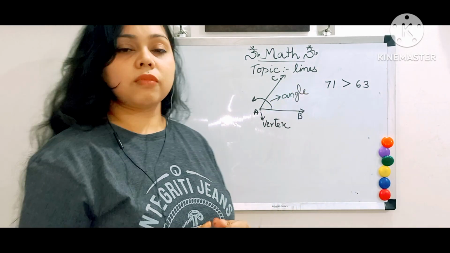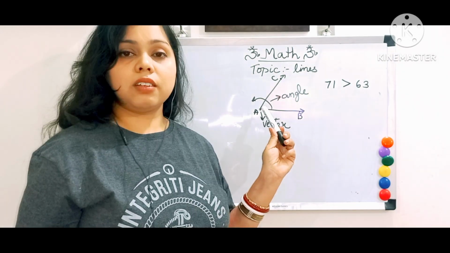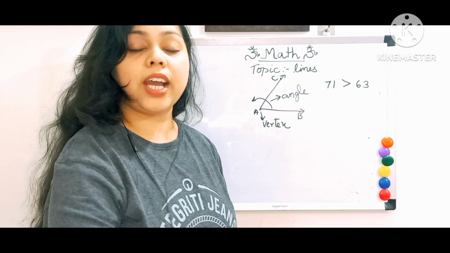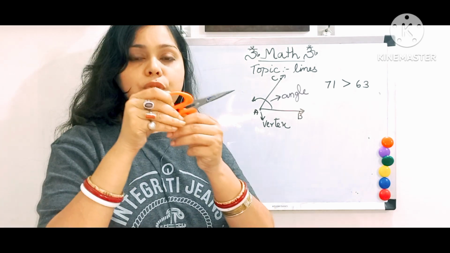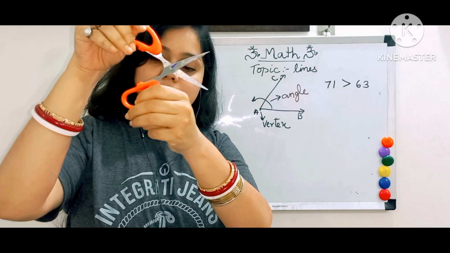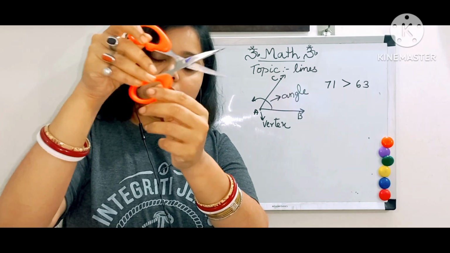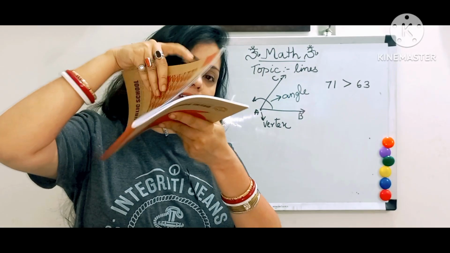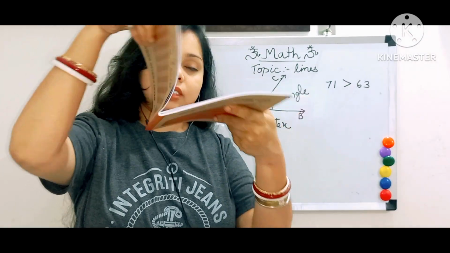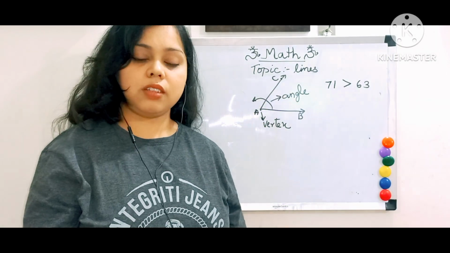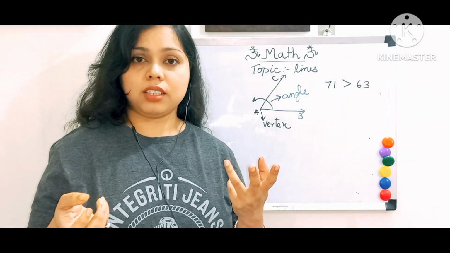Okay, so we have understood about angles, and you have seen a few examples of angles. Like this, the scissor has an angle. This notebook has an angle. So in many places you can see angles, right?